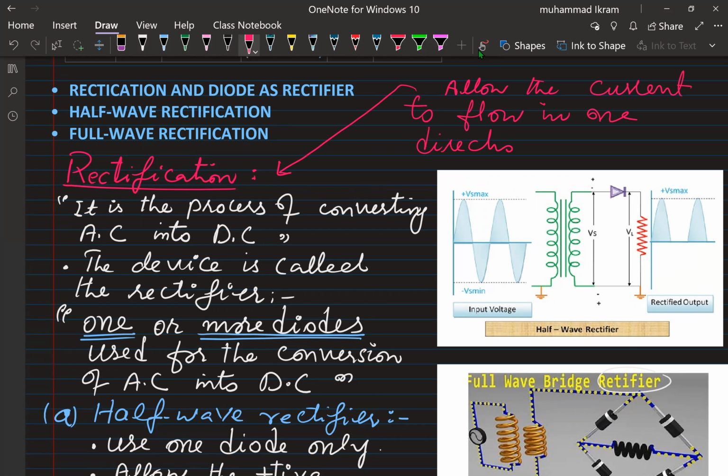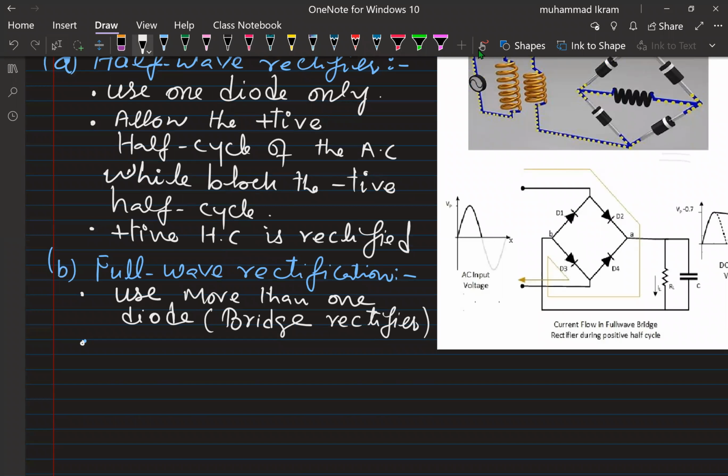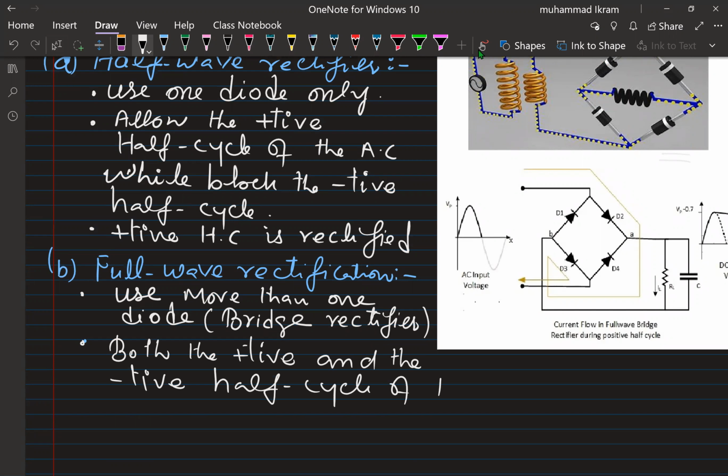In the case of full wave rectification, both the positive and the negative half cycle of the AC waveform are rectified.